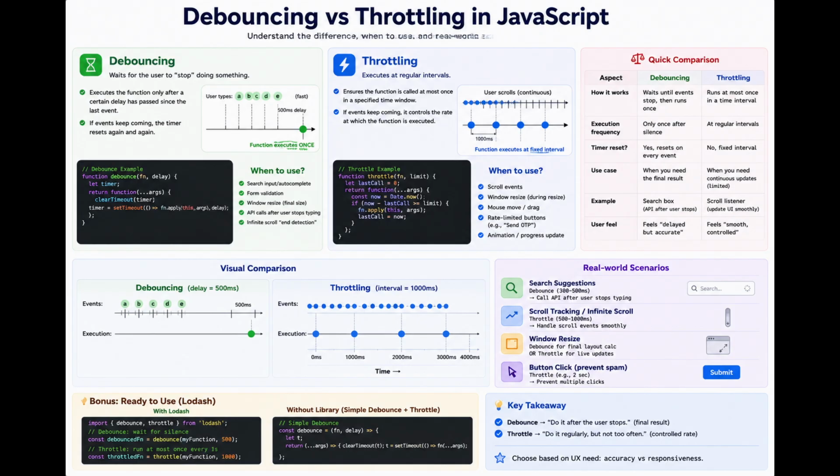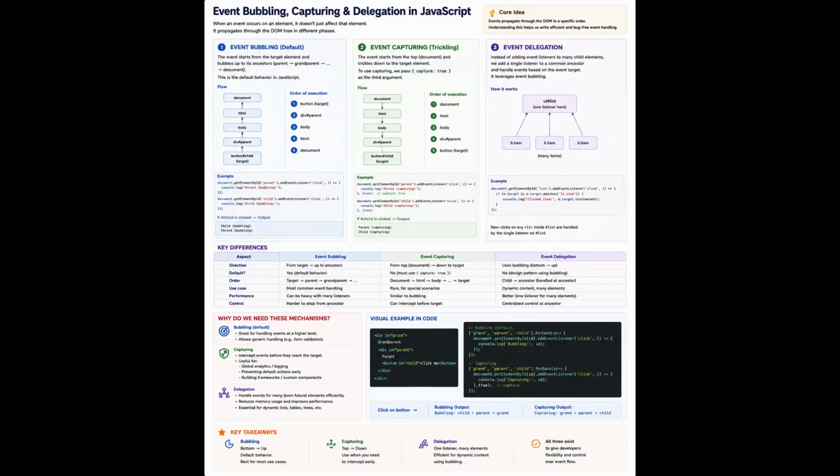Can you tell me the difference between event bubbling, event delegation and event capturing? Why do we need all these types of events? And have you used them in your projects?